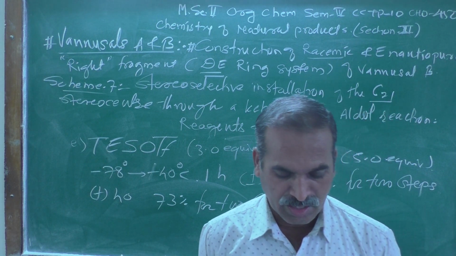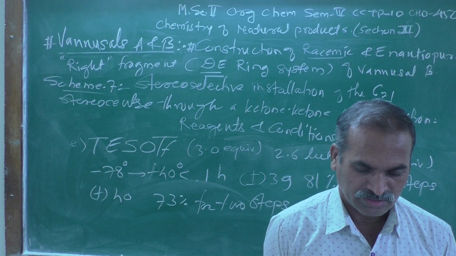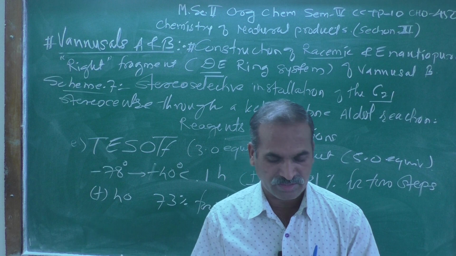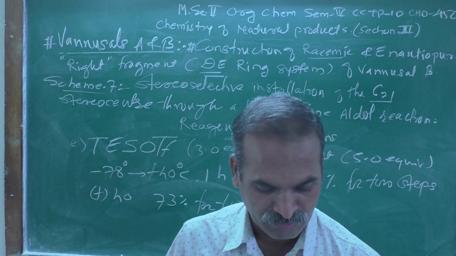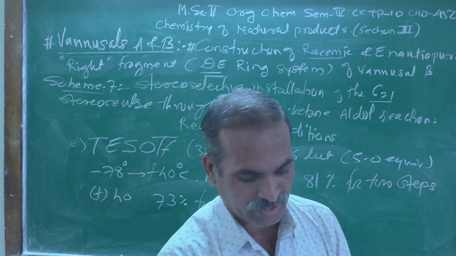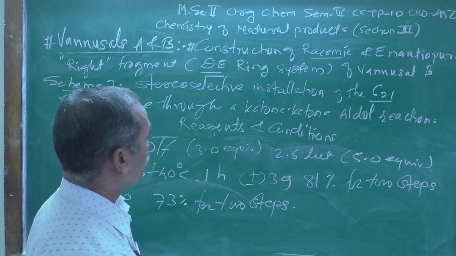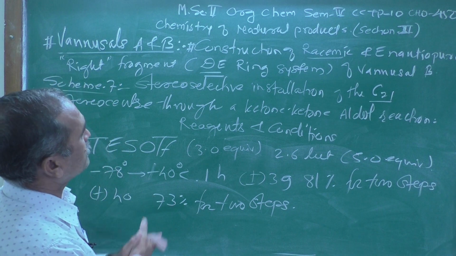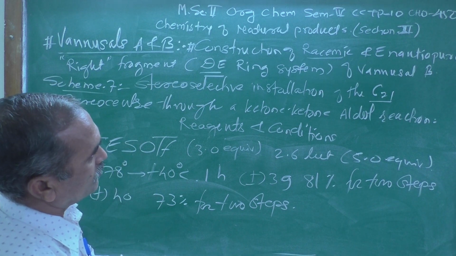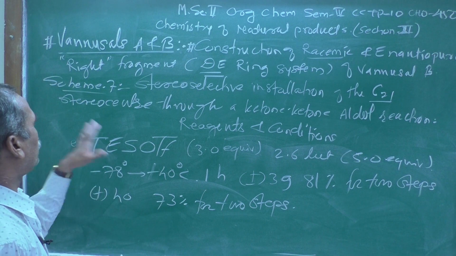This was accomplished through a rather simple protocol, as depicted in scheme number 8, which we are going to discuss later. Before that, we have seen the description regarding the construction of the racemic and enantiomeric right fragment DE ring system of Vannusal B.